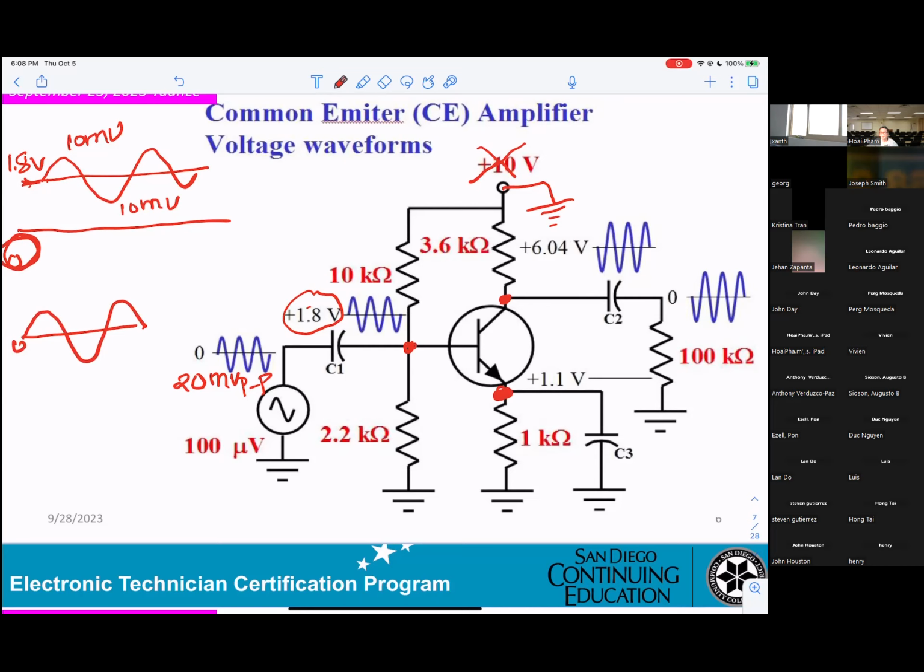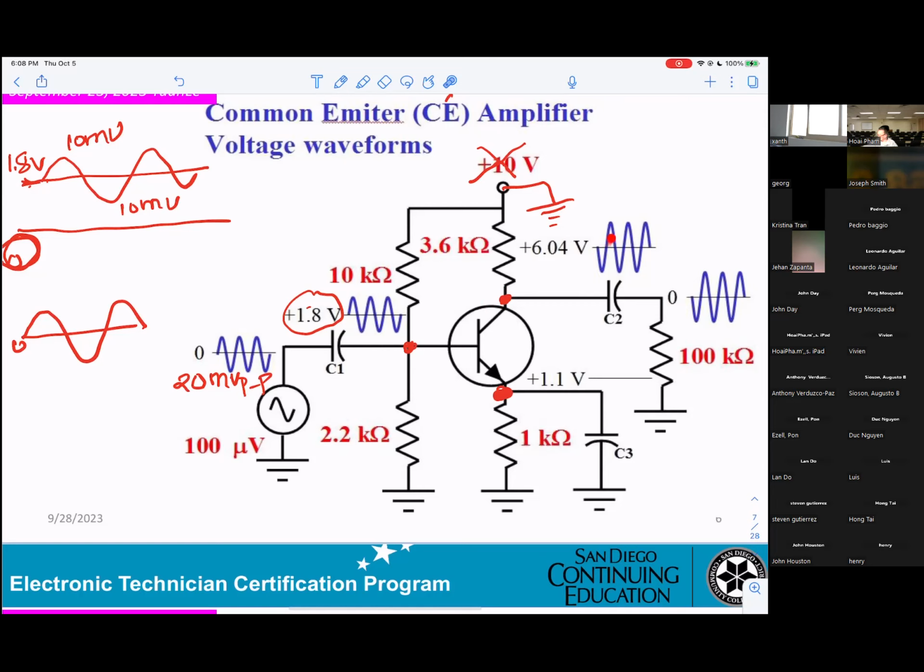However, when you already get a DC, the sine wave must look like this. Same thing in the collector. You see that?